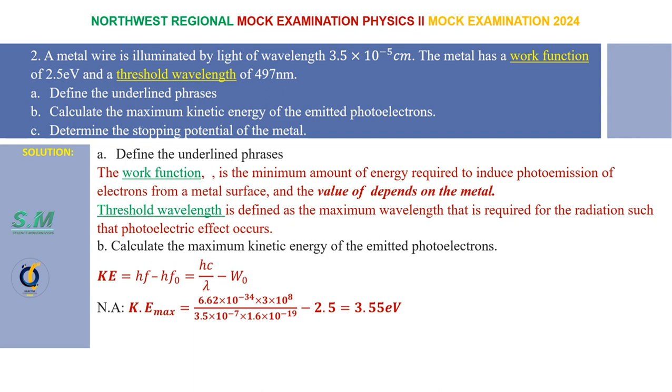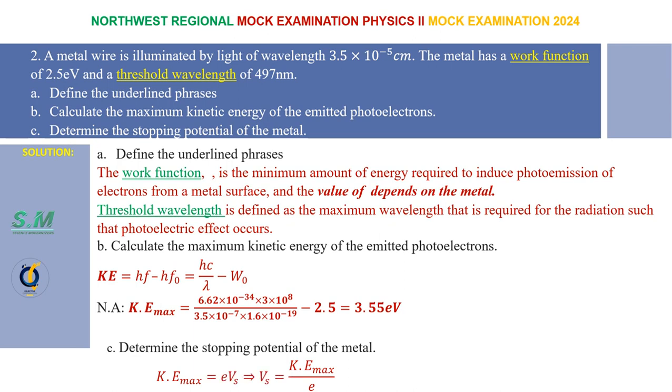So this will be minus the work function, which is 2.5, and then numerical application gives 3.55 electron volts as the maximum kinetic energy. Now the C question says we should determine the stopping potential. From the video, whose description is in the link, we are going to see that the maximum kinetic energy is equivalent to eVs, where Vs is the stopping potential.